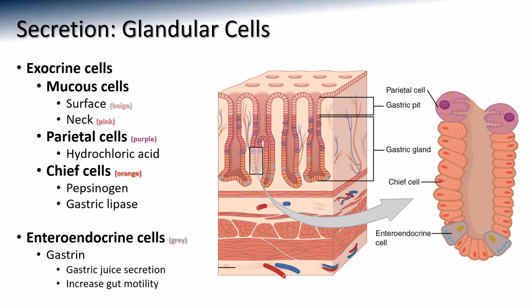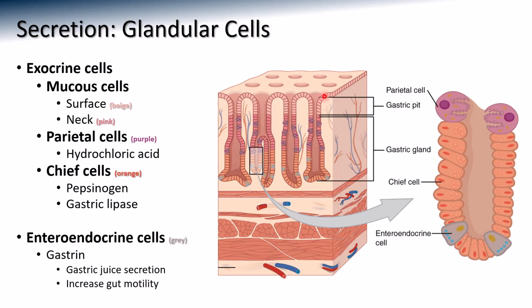We can see here that the epithelium is mostly made up of mucus cells, especially on the surface lining of the stomach here, and this very proximal portion of the duct of the glands here. So beige and pink are both just mucus cells.